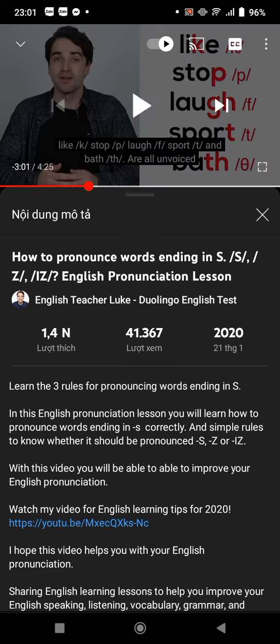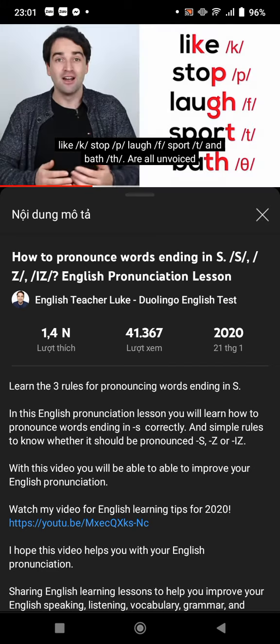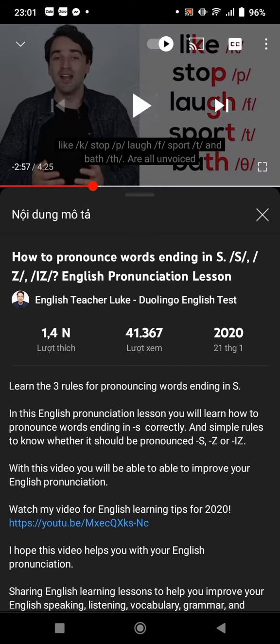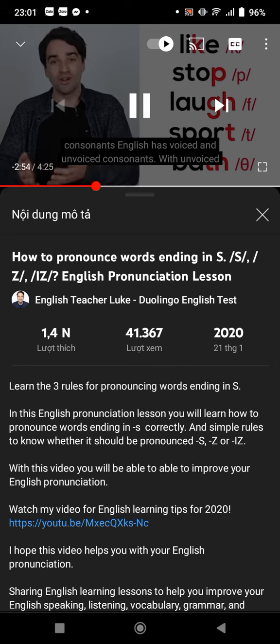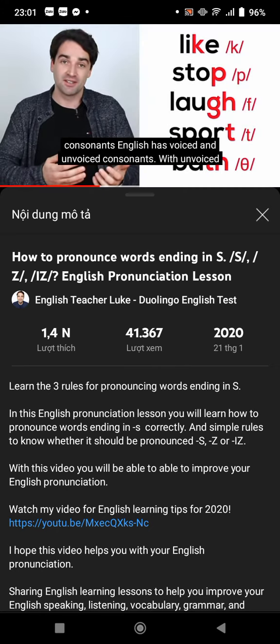The K, P, F, T, and TH sounds are all unvoiced consonants. English has voiced and unvoiced consonants.